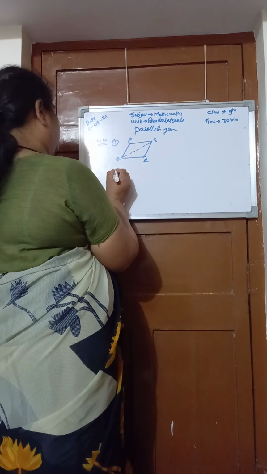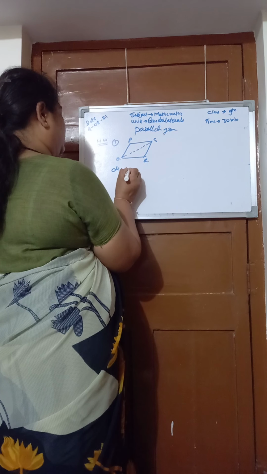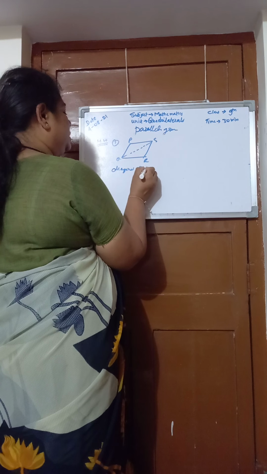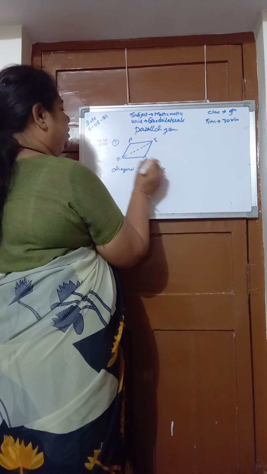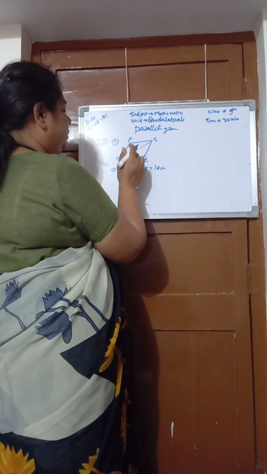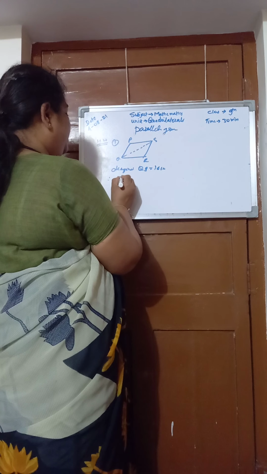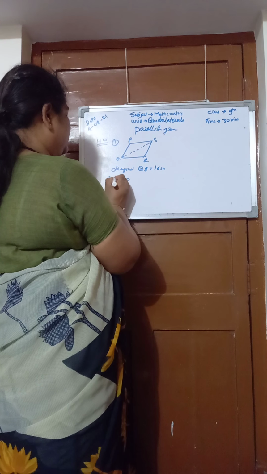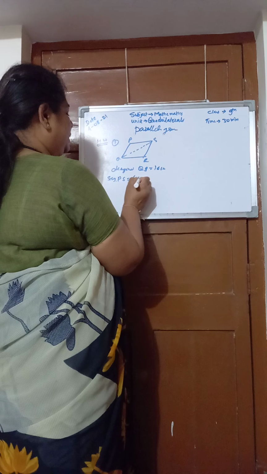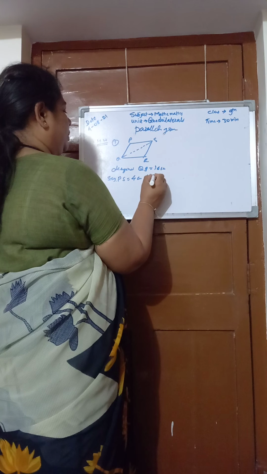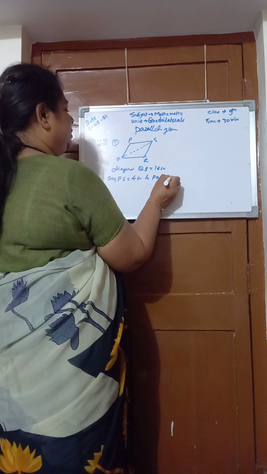Diagonal QS equal to 16 centimeter, and segment PS equal to 4 centimeter and PQ equal to 5 centimeter.